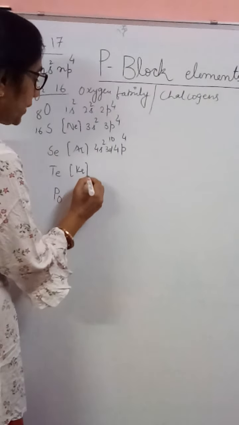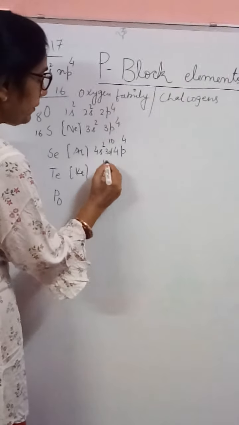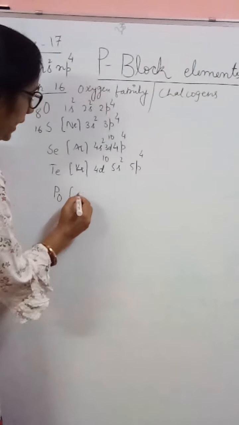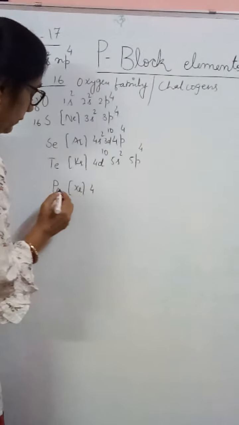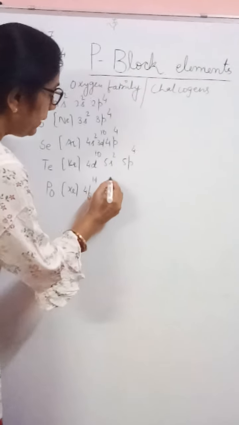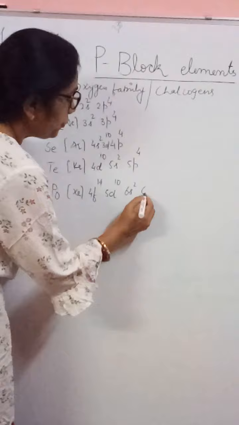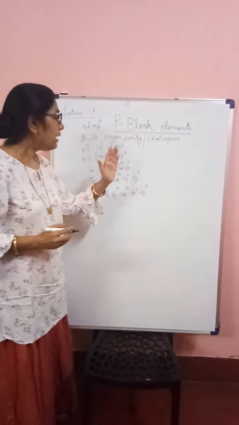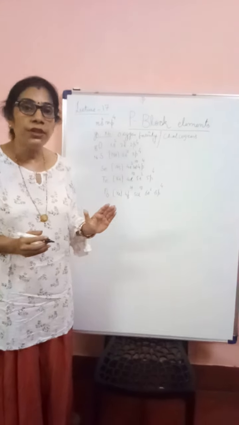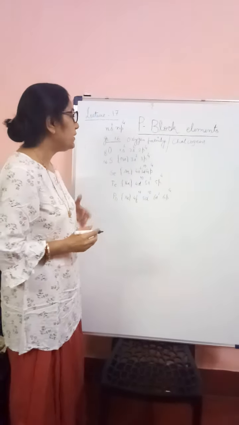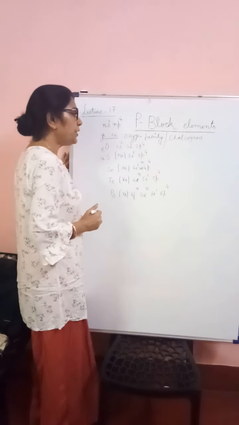Then comes krypton 4d10, 5s2, 5p4. And polonium will be xenon 4f14, 5d10, 6s2 and 6p4. So they have the general electronic configuration ns2 np4 and the valence electron is 6.